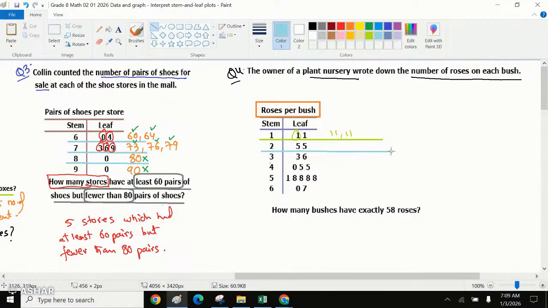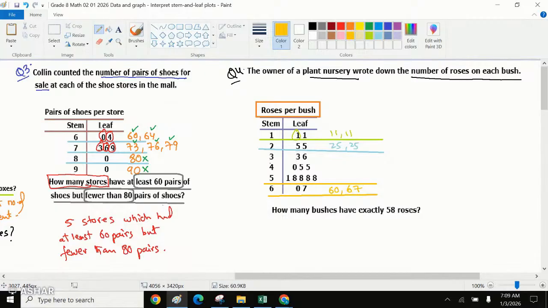And there were some more bushes which had 25 and 25, right? 2 more bushes had 25 and 25, and so on. We don't have to do this. I'm just trying to explain what's being done over here. And the maximum number would be, one bush had 60, the other bush had 67, right?